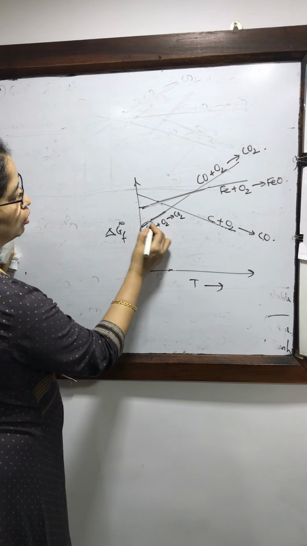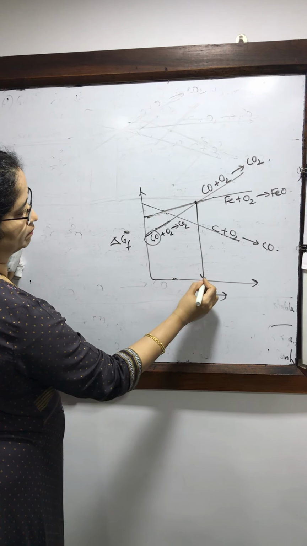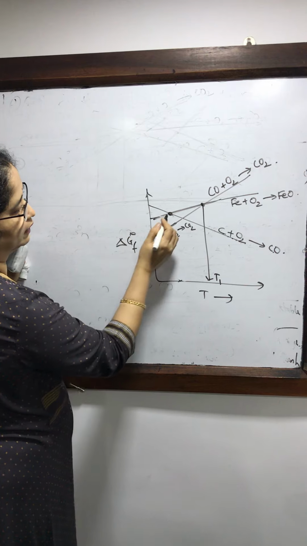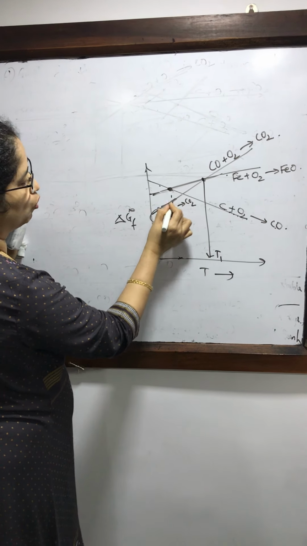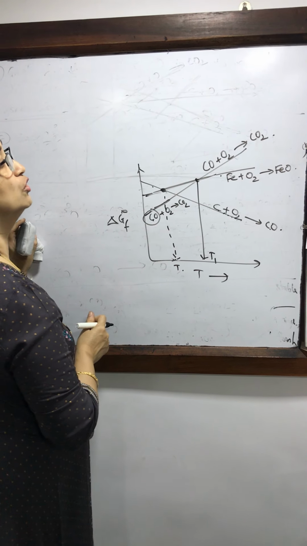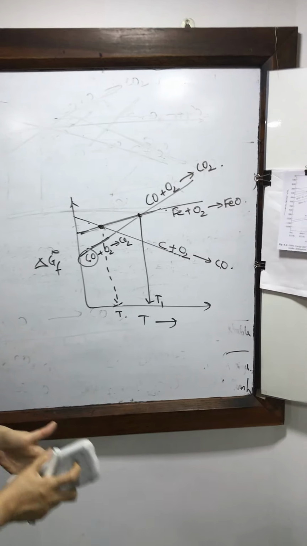So carbon monoxide becomes a reducing agent below this temperature T1, and here this is the point where carbon is going to cut this line, and therefore it can also behave as a reducing agent for the extraction of iron. So let us have a look at the diagram again.